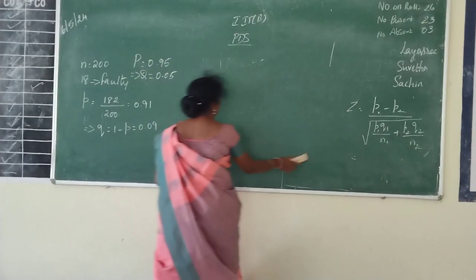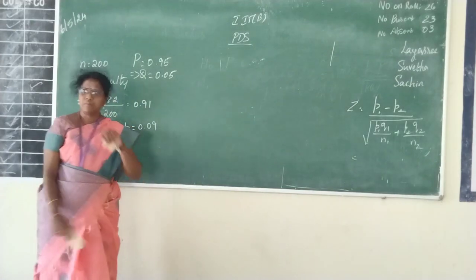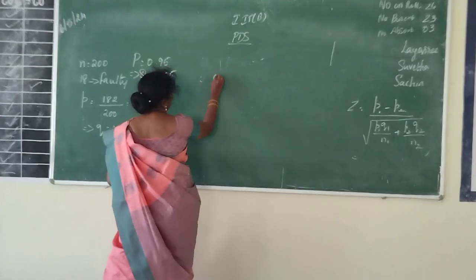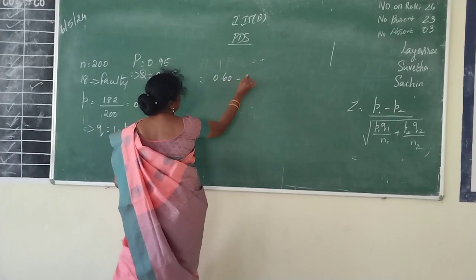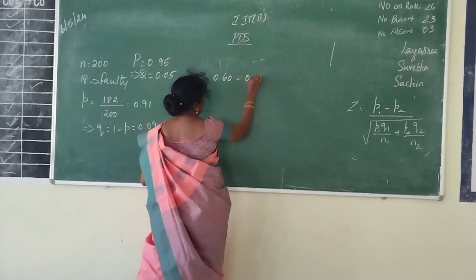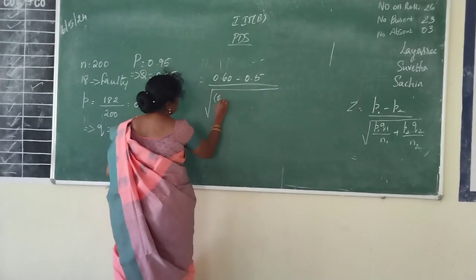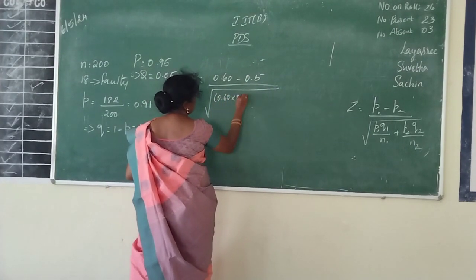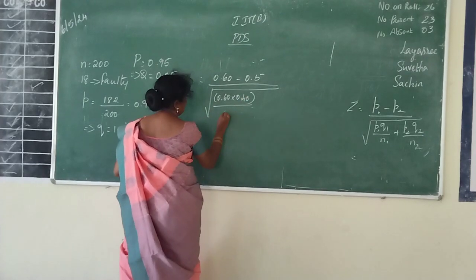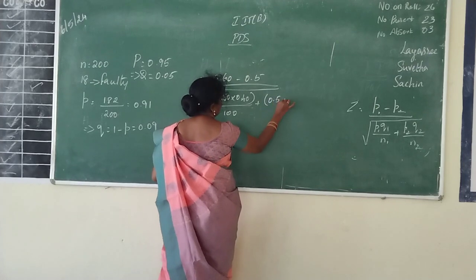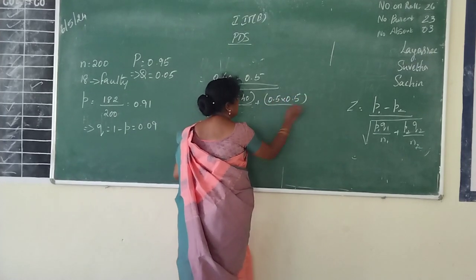Finding time. So what is small p1, ma? 0.40, right? 0.60 or 40? 0.6.